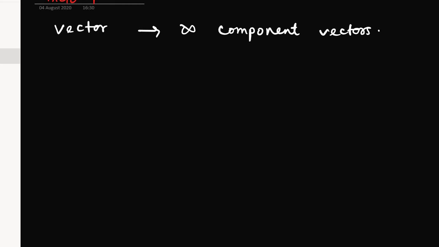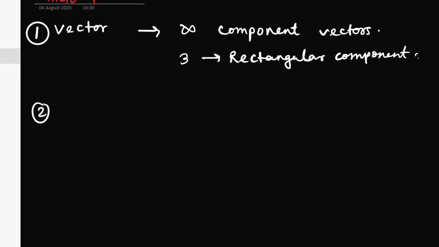But the maximum number of rectangular components is always 3. So how many rectangular components will there be? Only 3 rectangular components. You must remember it. How the 3 components come about I will show you in 3D now, but first if you want, note down these questions. Now the minimum number of vectors to give zero resultant is always 2.